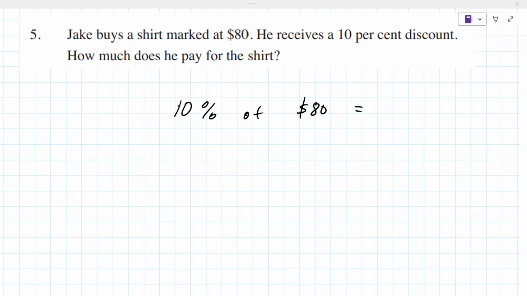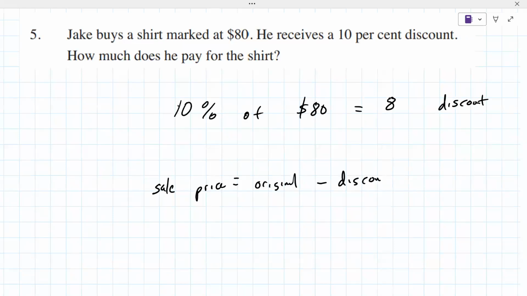Wouldn't 10% of 80 be 8? Oh, I'm sorry. You said 8. I heard something totally different. I apologize. So yes, so this is the discount though. The sale price is the original subtracting the discount. What is the sale price?